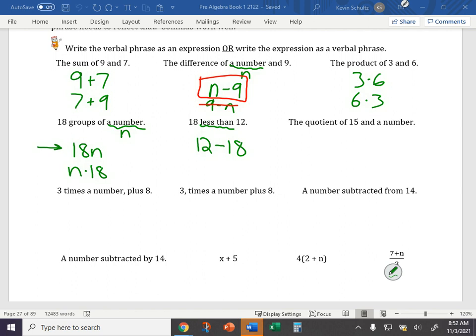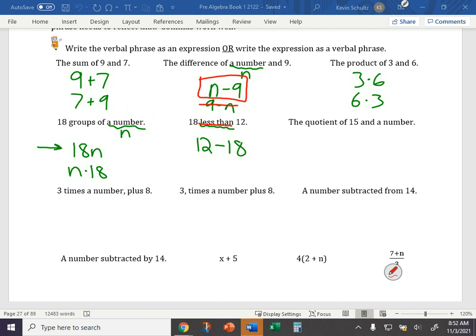So it's going to be 12 minus 18. You might want to star this one on your page or underline it like a red flag. I guarantee this is going to show up on your test, that phrase. And what I'm looking for is whether or not you know to switch the order the way it's written. 18 less than 12 is actually 12 minus 18.